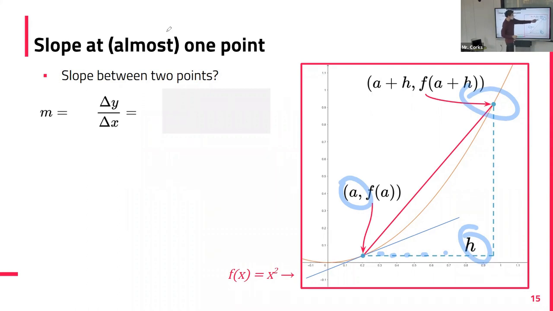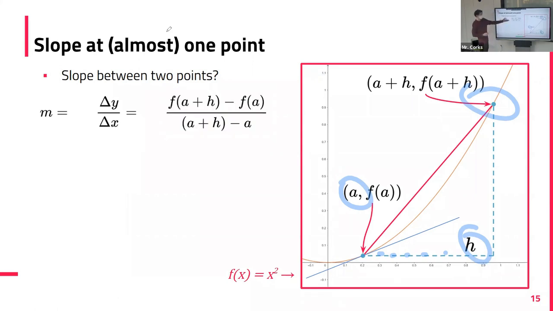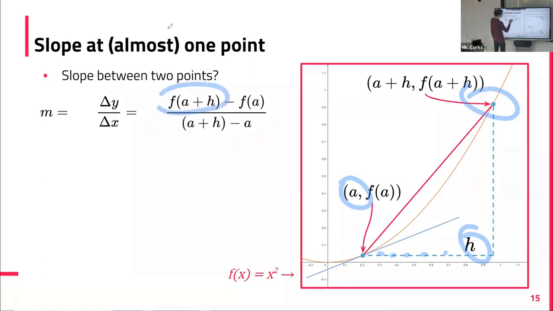So a plus h squared will give us the other value there. So it looks like we have 2 points, and then we can just use that with this slope formula. So all this is y2, this is y1, and this is x2, and this is x1. So that's it. That's all we're using.